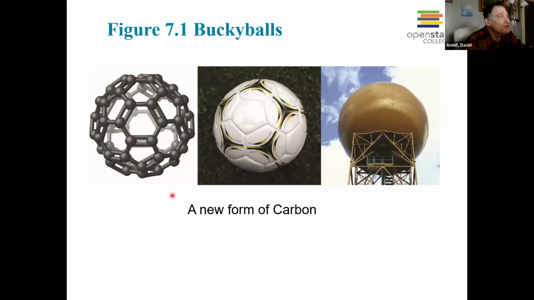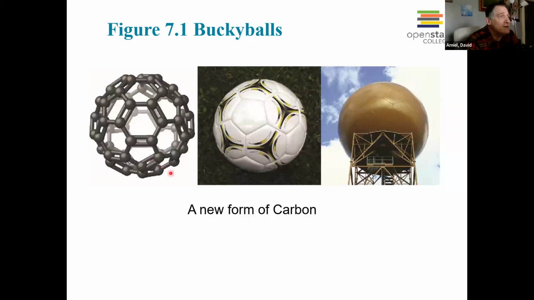What researchers can do is dope the molecule by injecting a molecule on the inside of the cage and change its properties by doing that. Lots of experimentation going on with buckyballs. You may have heard of bucky tubes or graphene.